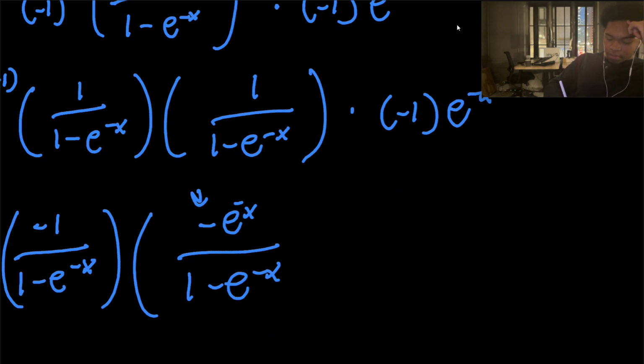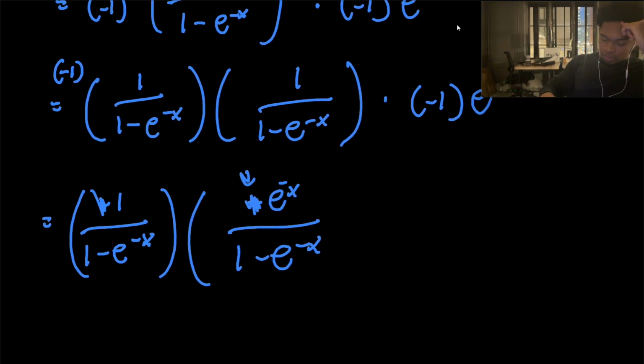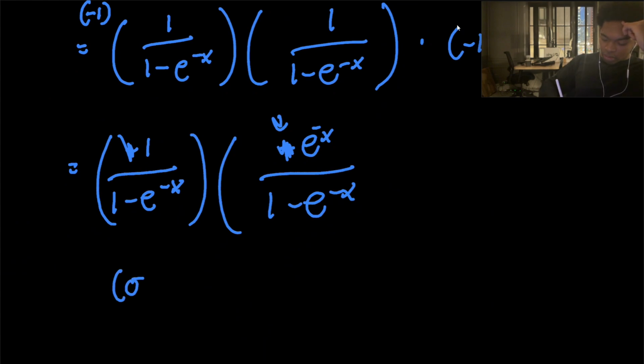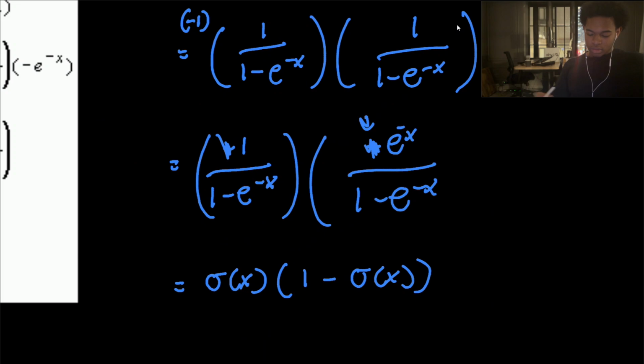But I have two negatives, so I would cancel them, and then I would have sigmoid of x times 1 minus sigmoid of x. I'm so confused.